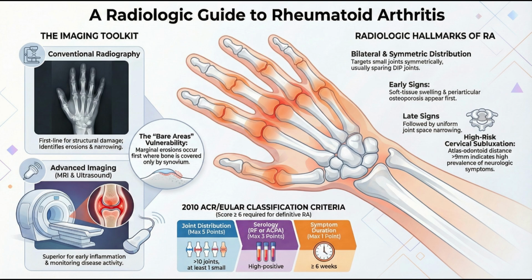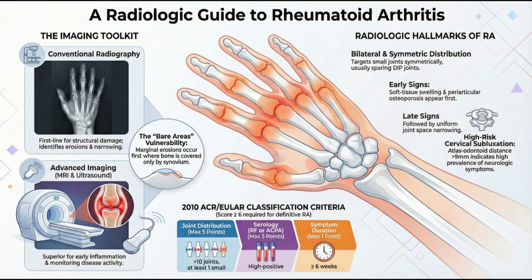And the thing that really stuck with me, and I want to spend some real time on this, is this concept of the bare area. The bare area, yes. That is probably the single most important anatomical concept to grasp if you want to understand this disease. Really? Yeah. It explains why the damage happens exactly where it does. It's not random at all. We will definitely unpack that.